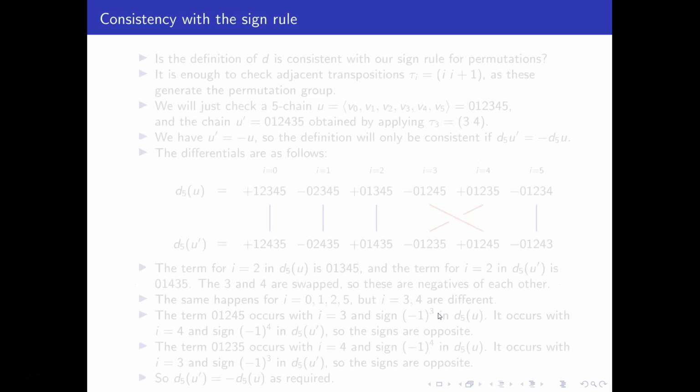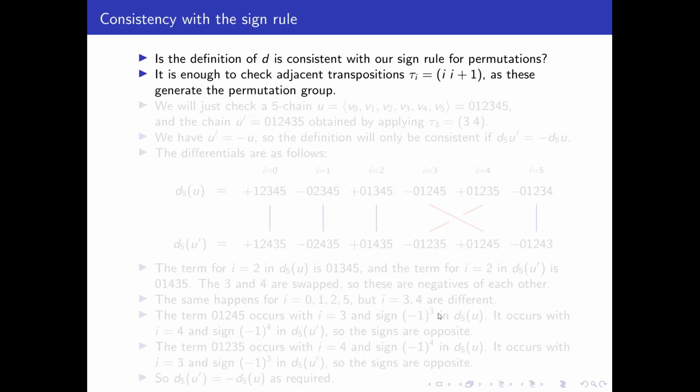Okay. So one thing we glossed over just a little bit: we've got this special sign rule for dealing with the generators of C_R K, and we need to check that our definition of d is consistent with that. The sign rule says that if you apply a permutation, then the generator of C_R K changes according to the sign of the signature of that permutation.